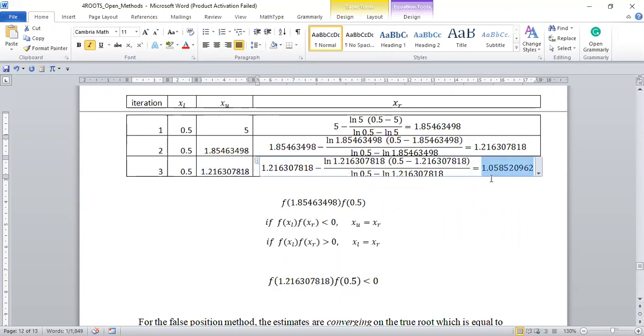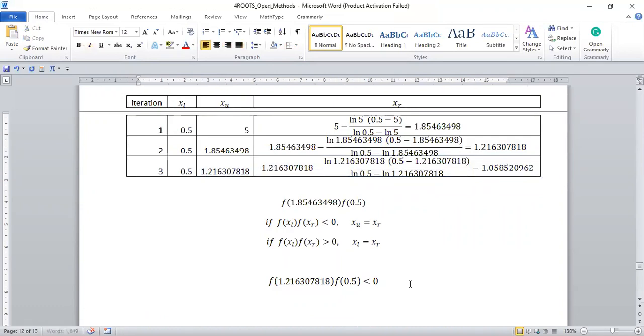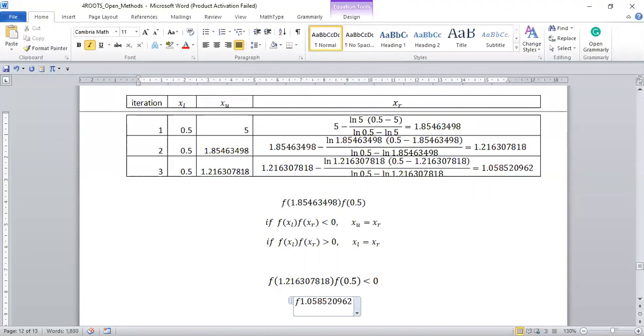The next thing is to evaluate the function at the new root, then evaluate the function at the lower limit, which is 0.5. If it is less than 0, you replace the upper limit with this root.